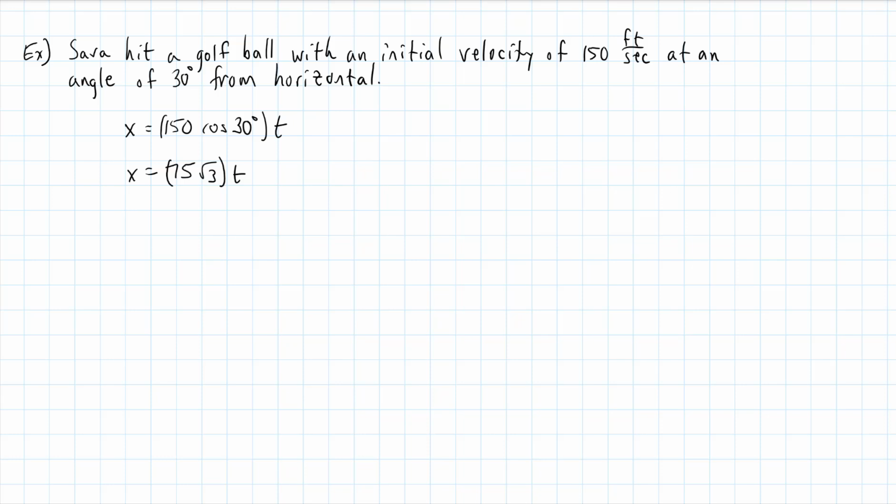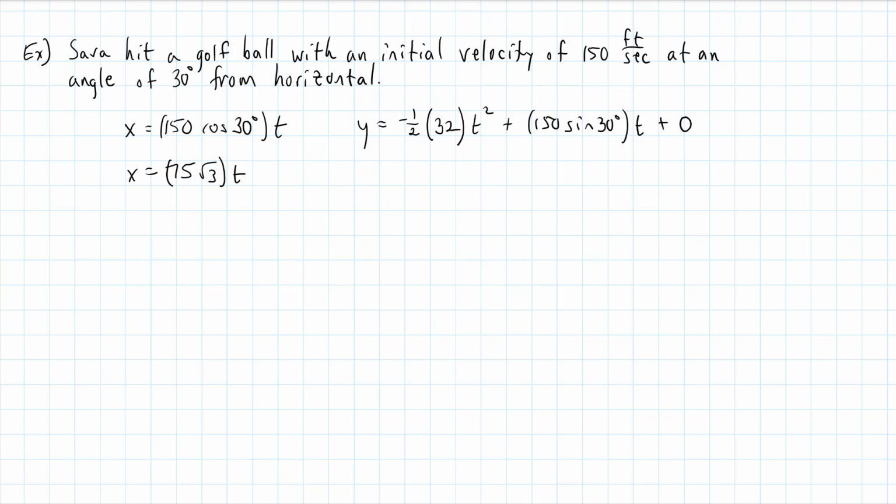Well, what about the height of the ball? The height of the ball would be negative 1/2 g, but g is 32 because distances are measured in feet. Then t squared, plus initial velocity times sine of the launch angle times t, plus the initial height. Playing golf, the ball is sitting on the ground, so the initial height's going to be 0.